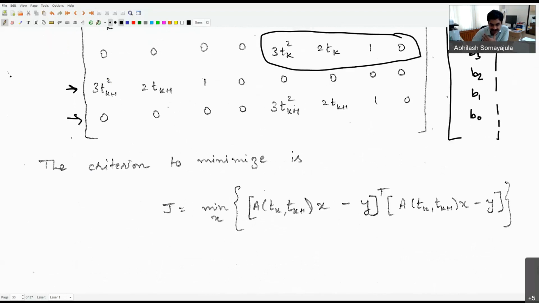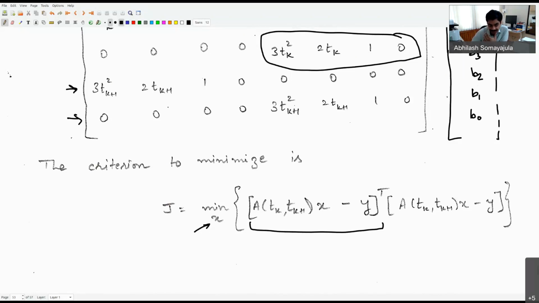Our target here is to minimize the difference between Ax and y. So I'll specify this value J as (Ax minus y) transpose times (Ax minus y). I want to minimize this value and find which x will minimize it, and that is the x which will give me the coefficients which will determine the trajectory.